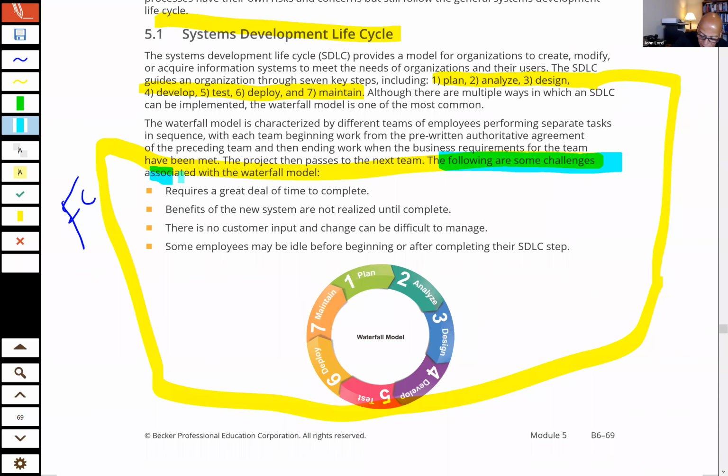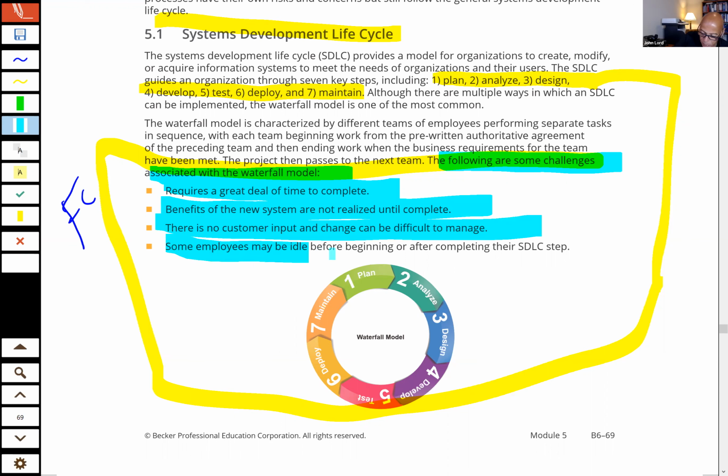Following are some challenges associated with the waterfall model. So you could put on the front side of the card, what are the steps, and what are some of the challenges, right? And challenges is equal to what? Risks, okay? It requires a great deal of time to complete, benefits of the new system are not realized until complete, there is no customer input, and some employees may be idle before beginning after completing their steps.